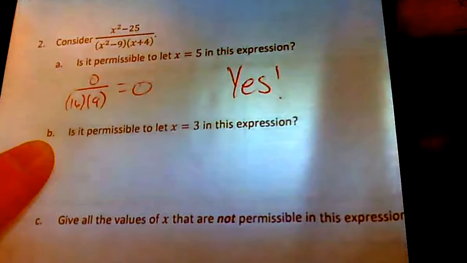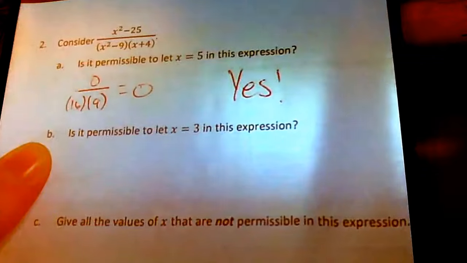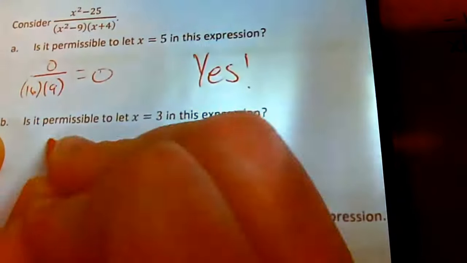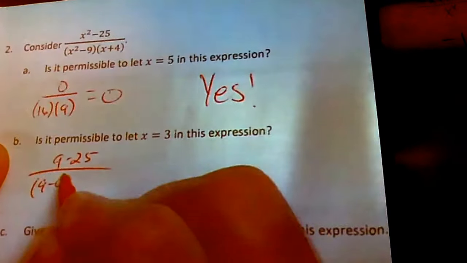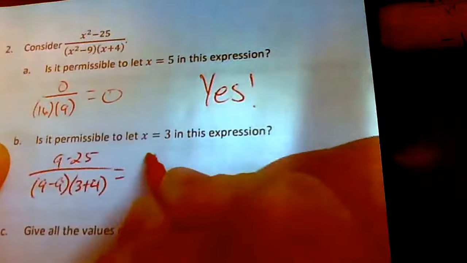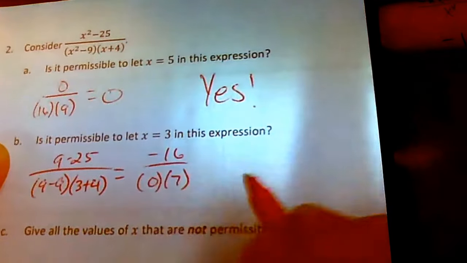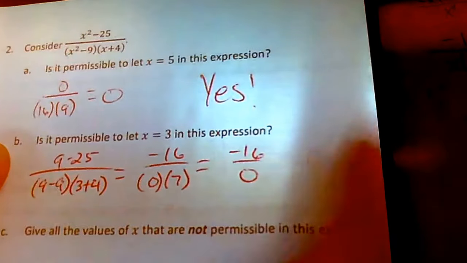Is it permissible to let x equals 3 in this expression? No. On top you would get 9 minus 25, which is negative 16. But look what happens on the bottom: 3 squared is 9, minus 9 is 0, so 0 times 7 is 0, and you'd have negative 16 over 0. Can you divide by 0?